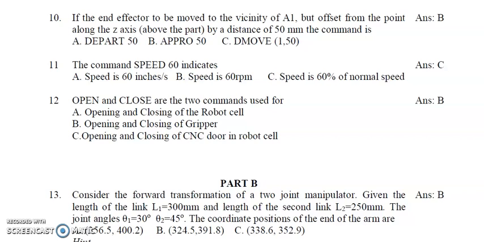So both are offset from a point along the z-axis, but the difference is that approach is for when the end effector is approaching the workpiece, and depart is for when it is moving away from the workpiece.